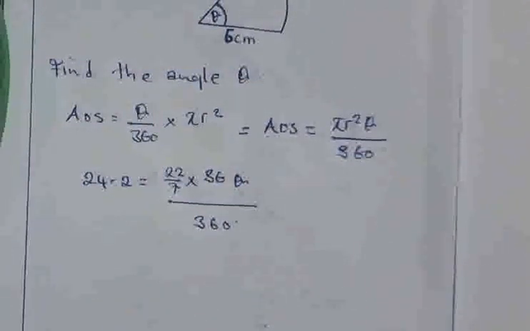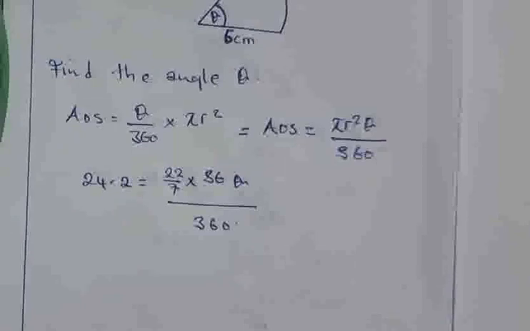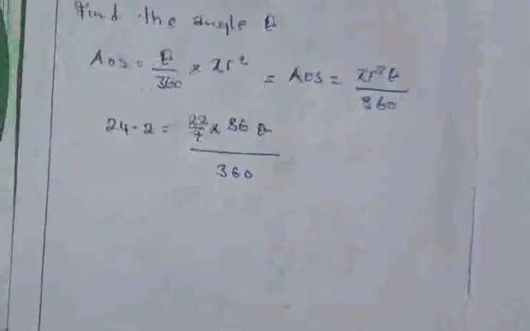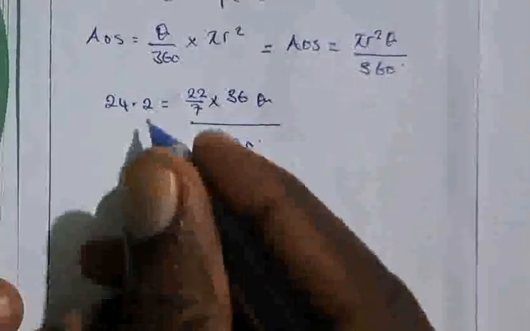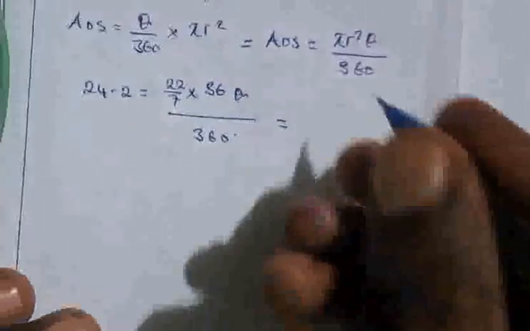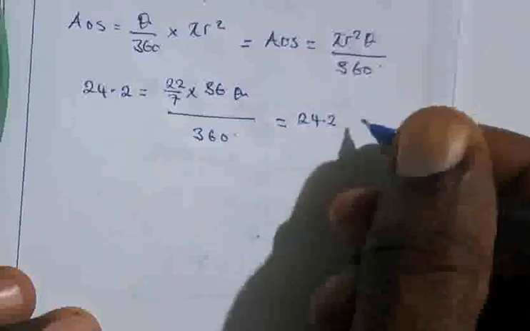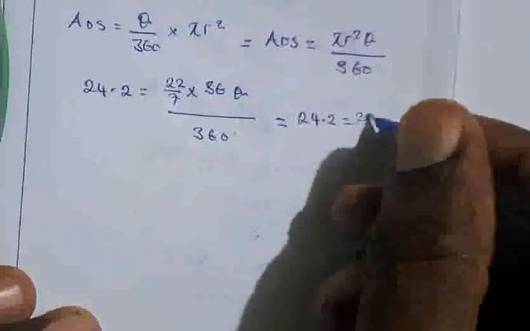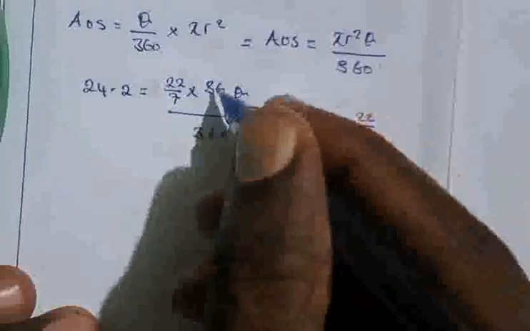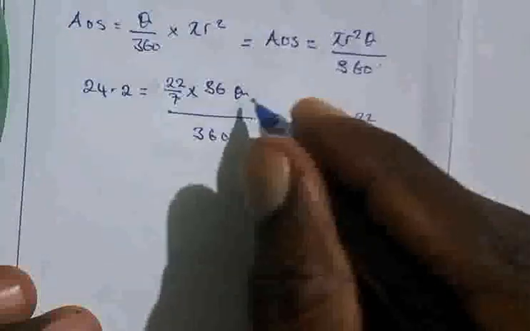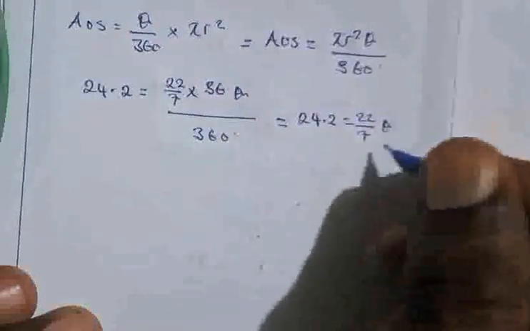All right, so what do we do? What we can do here is, I think we can reduce these numbers by reducing this 36 and the 360 there. So we're going to say, okay, because of space I'll be writing also here: 24.2 is equal to 22 over 7. 36 into 36, that is 1. Yep. 1 times theta, it is just theta.